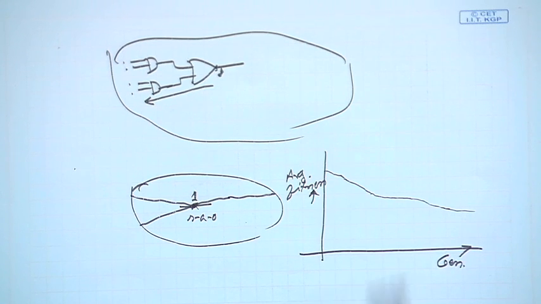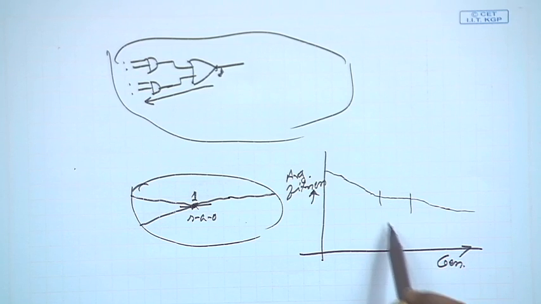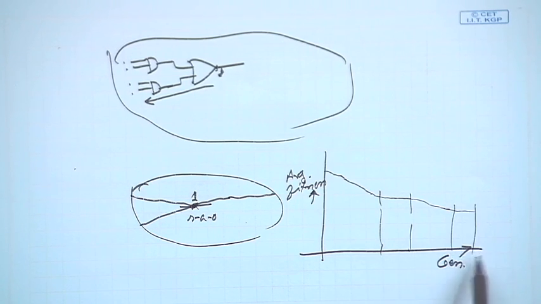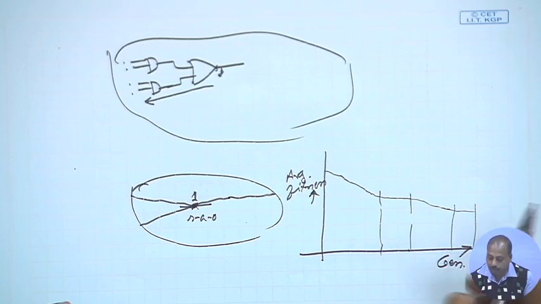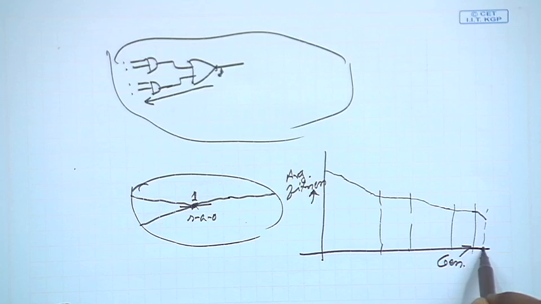So for a large number of generations in between, like in this region, the quality does not improve. Similarly, in this region quality does not improve. So we have to take those things into consideration. If we are not allowing the GA to run up to this generation, then this particular solution will not be obtained.